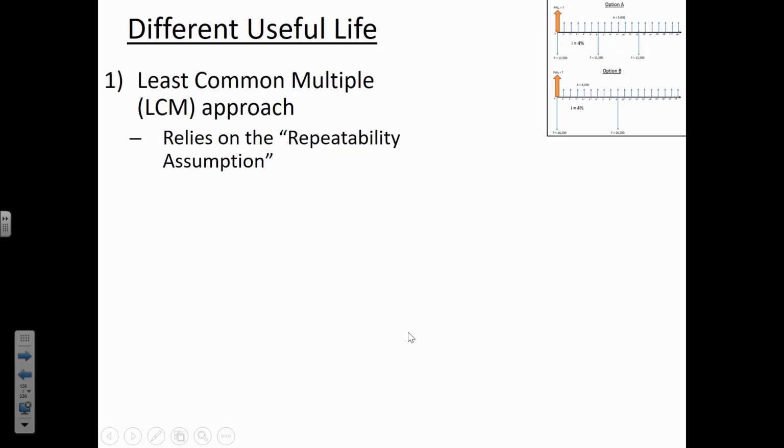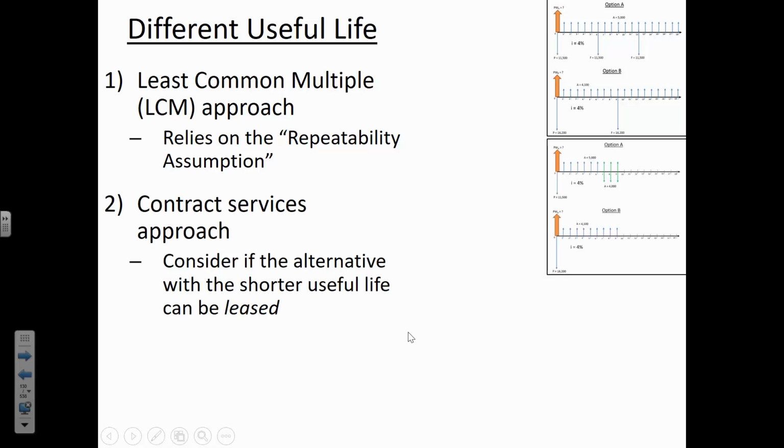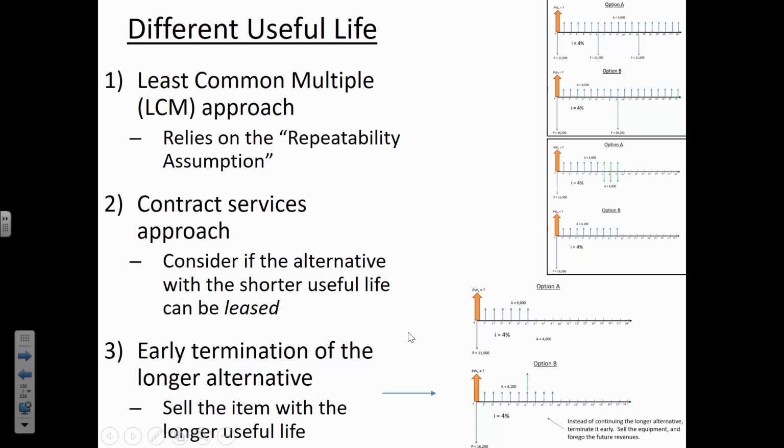Okay, now here's just a review of our 3 different approaches for making the study period the same. If the study period doesn't have the same duration, then we can use the least common multiple approach, contract services, which is where we're extending one of the cash flow diagrams by leasing the equipment, or early termination, where we're making one of the cash flow diagrams shorter.